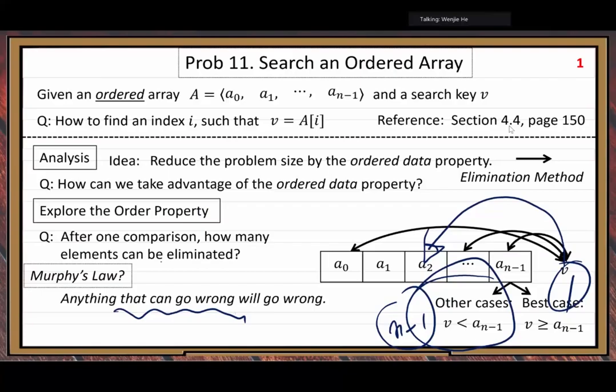Related to understanding of this Murphy's law, it's better we use another interesting method in problem solving. That's called adversary argument.